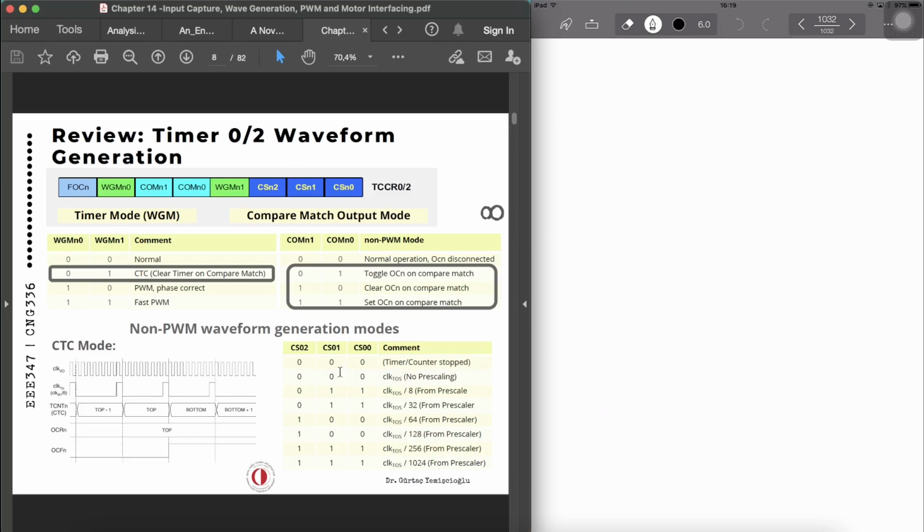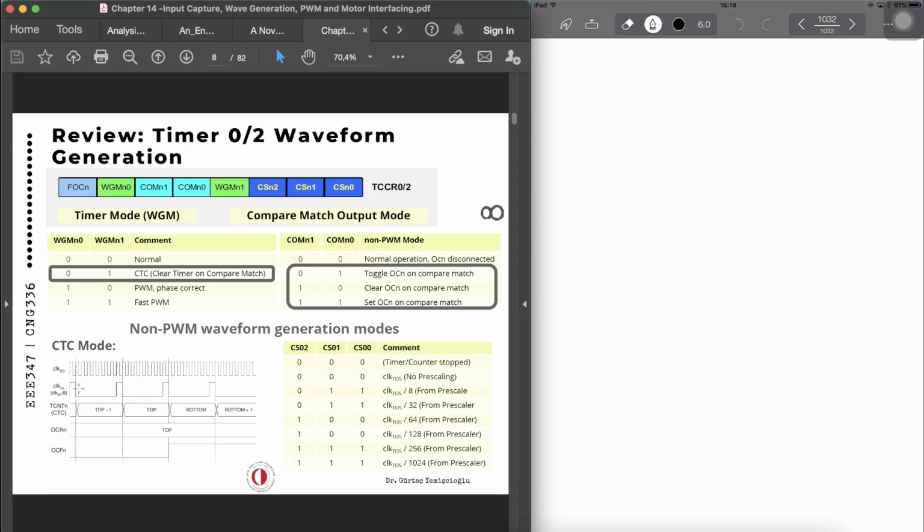And prescalers can be configured, as you may remember from the timer lecture, through CSn2, CSn1, and CSn0. So depending on what type of prescaling you want, you can configure those CS bits. And the third graph over here is TCNTn, which shows the count. Now it updates on the falling edge of the pulse coming out of the prescaler.